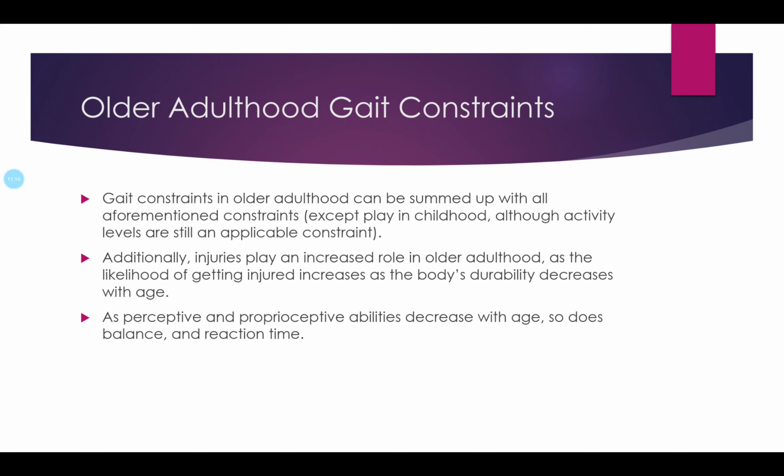Additionally, injuries do play an increased role in older adulthood, as the likelihood of getting injured increases as the body's durability decreases with age. As perceptive and proprioceptive abilities decrease with age, so does balance and reaction time. So this means that older adults are more susceptible to tripping hazards, obstacles, things of that matter.